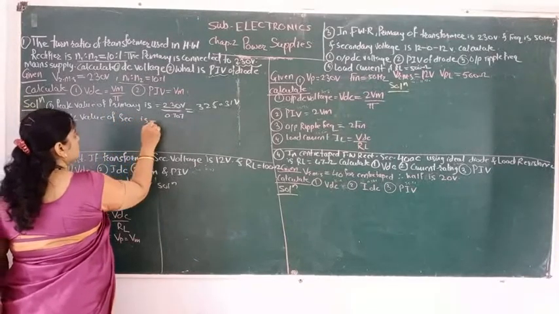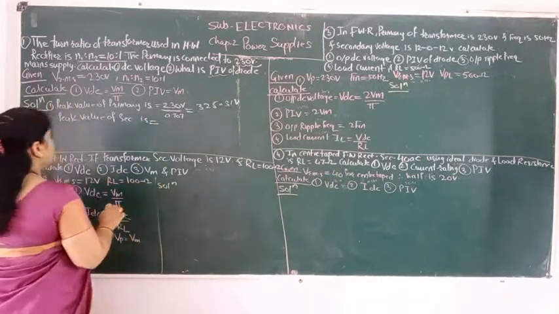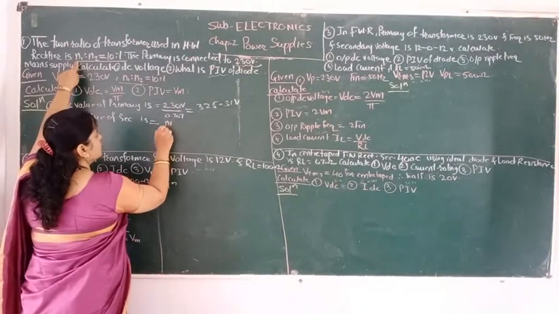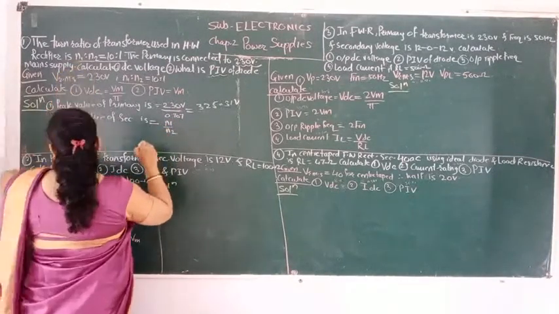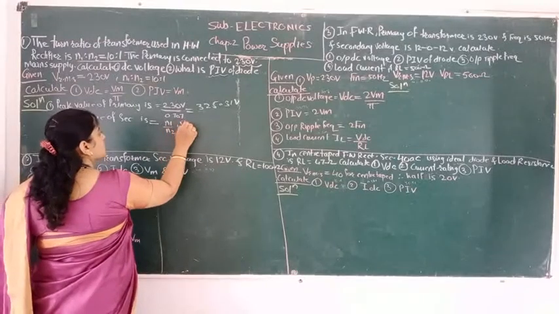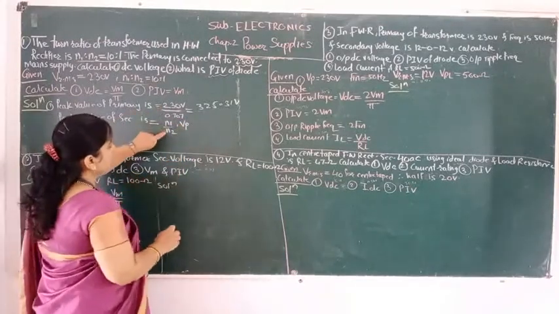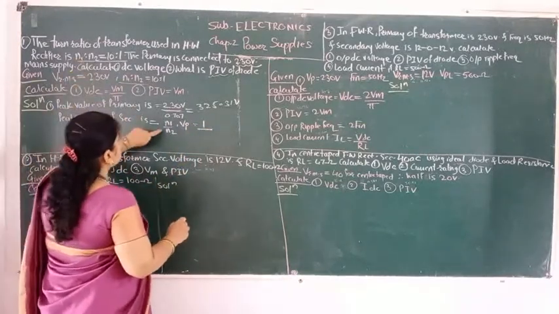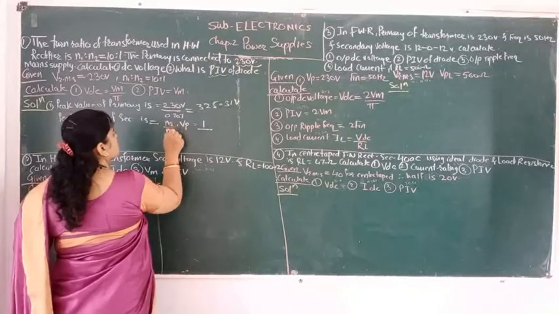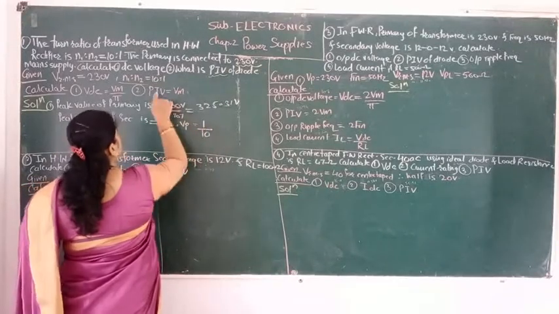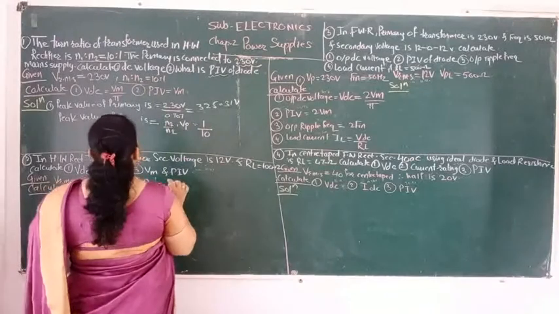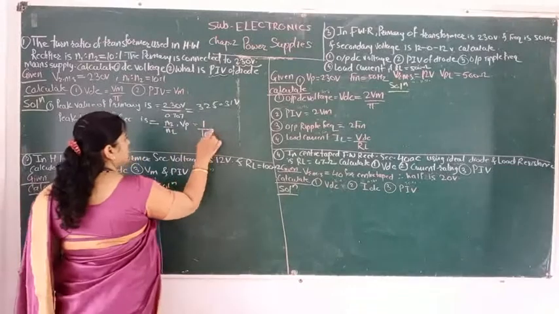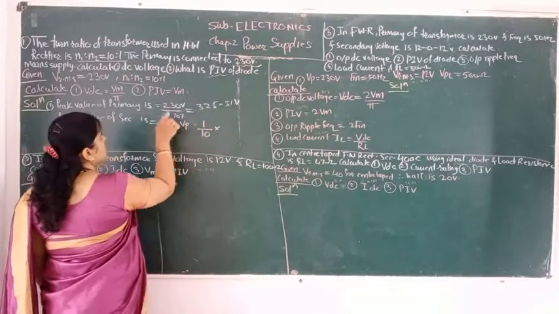The number of turns is given, N2 divided by N1, isn't it, into the primary voltage. So N2 divided by N1 is 1 divided by 10, into this Vp, which is the primary voltage.